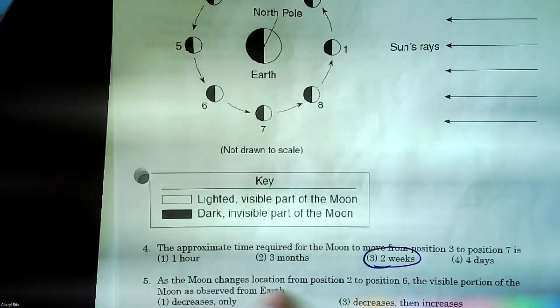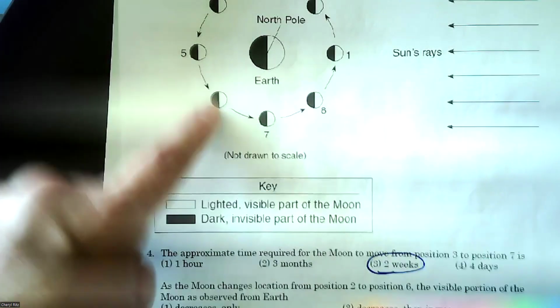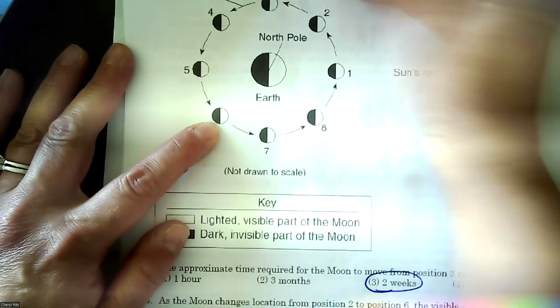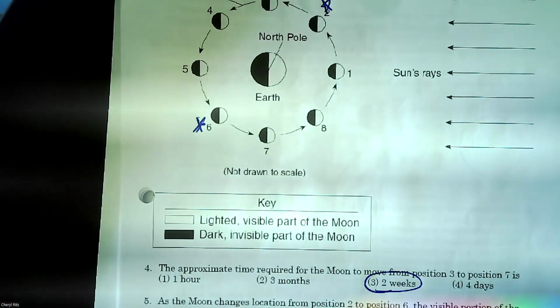Now question 5. As we go from 2 to 6, the visible portion does what? Let me see your answers to see if I have to go over it. What did you answer for question 5? Okay, I'm seeing a couple different answers.